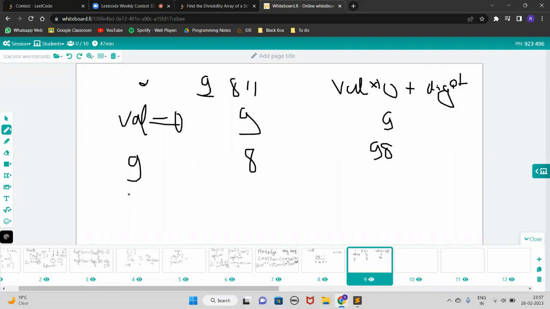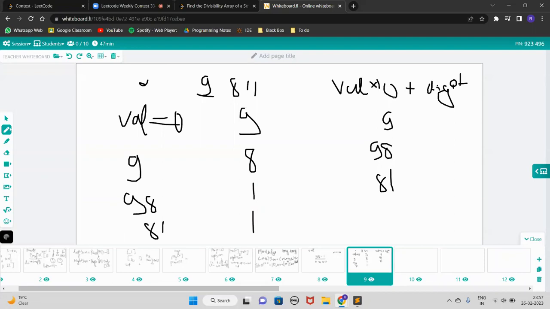After that, 98 is now the val. The digit is 1. 98 into 10 is 980, plus digit is 981. Mod 100, it would be equal to 81. The next time val will be 81 and the digit will be 1.